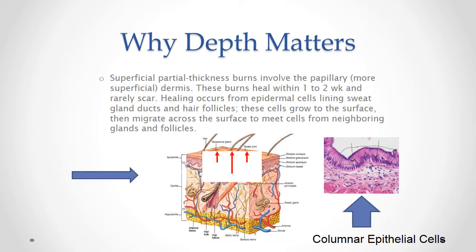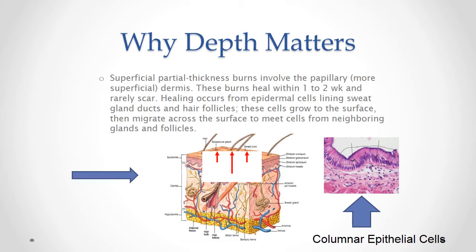When you have superficial partial thickness, meaning that top layer of the dermis, the papillary layer, they're going to heal within 1 to 2 weeks, and they're rarely going to scar unless you're already prone and susceptible to keloid formation. Chances are you're not going to scar because your columnar layers still are intact and your hair follicles are intact. Remember, healing occurs from the epidermal cells lining the sweat glands and the hair follicles because you've got those stem cells in there.